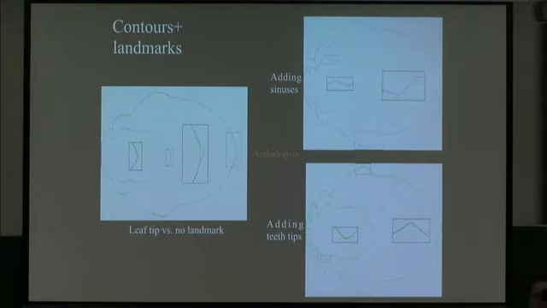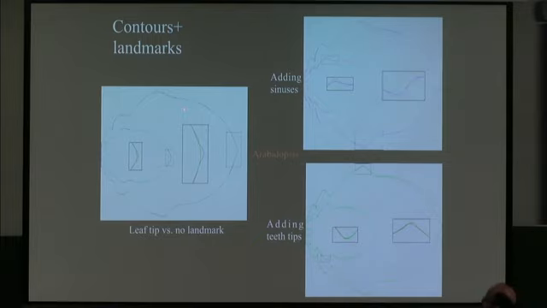Now after that we average. First we look mostly at the average. We average all the contours, and this is a comparison of what we would get, in yellow here, if we didn't use landmarks. If we use landmarks to register, the average contour is more representative of actual leaf tips.